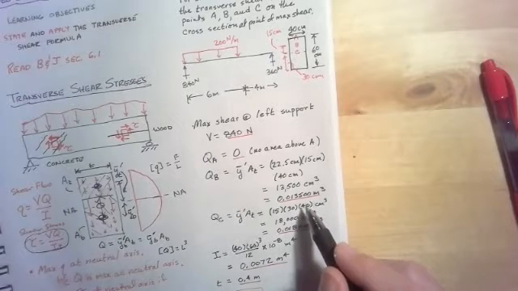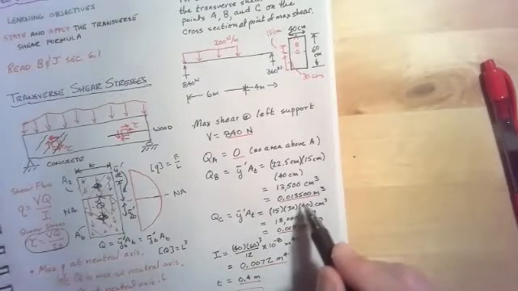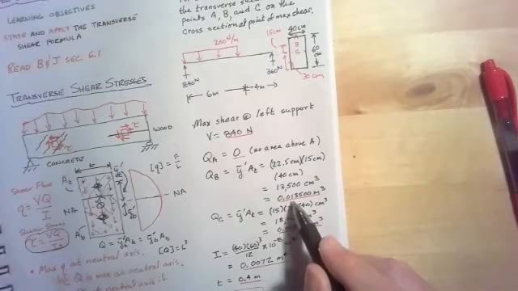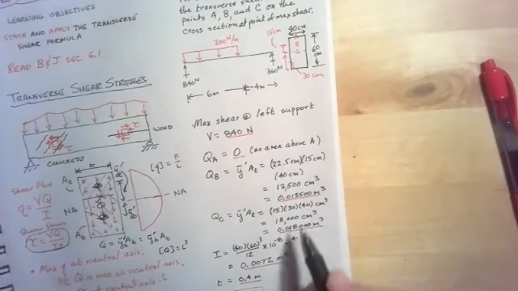Divide that by 10 to the 6th to get cubic meters, and we would have 0.013500 cubic meters.